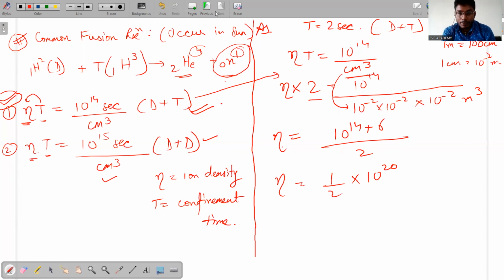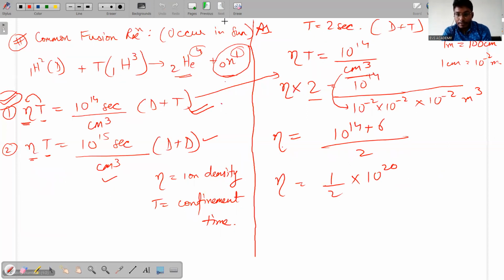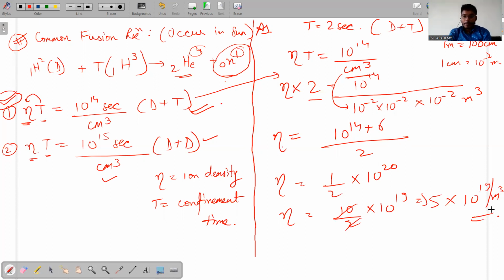Looking back at the options, they are all in 10 to the power 19, so we have to calculate in 10 to the power 19. So it is 10 by 2 into 10 to the power 19, which is equal to 5 into 10 to the power 19 per meter cube. So it is easy.